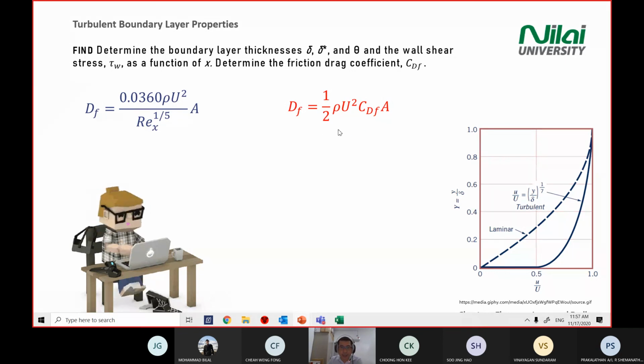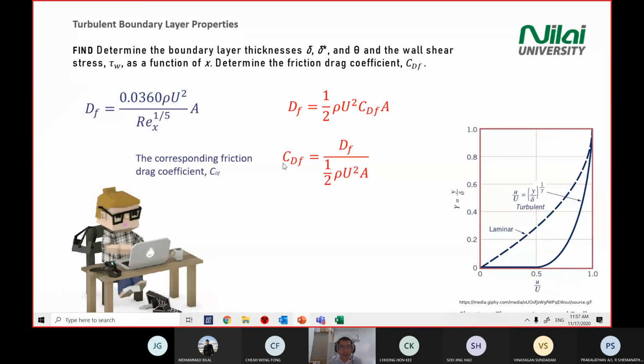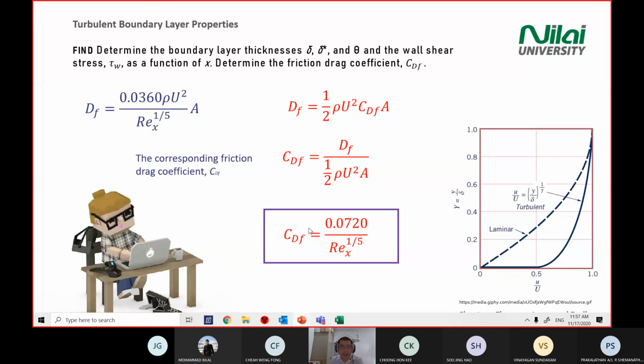Dynamic pressure is half rho U squared, times CD times A. You combine these two, rearrange in the drag coefficient term. You compare these two, right? Then at the end, you'll get this answer. At the end, your drag coefficient will be 0.720 divided by Reynolds number to the power of 1/5.